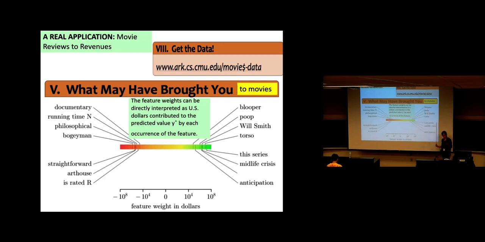If you have the keyword, they get a lot of money, like, whatever, Will Smith at that time. And then all those kind of funny words, but they are good dollar indicators. And on your left, you can tell like documentary, philosophical, straightforward, or like whatever rated R, and those are negative features indicating they're negatively related to the dollars a movie might earn.